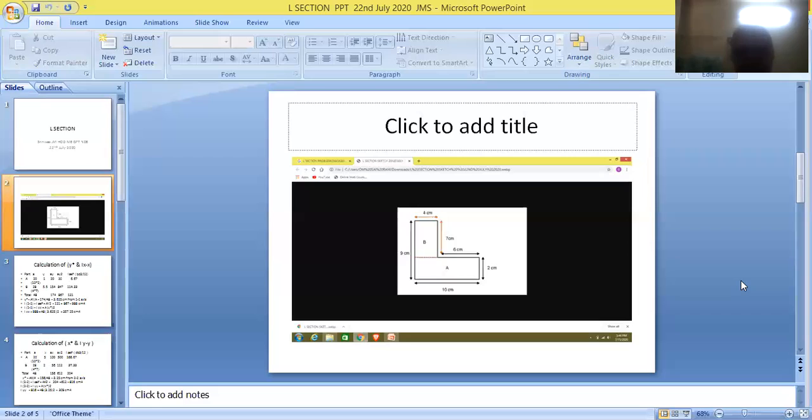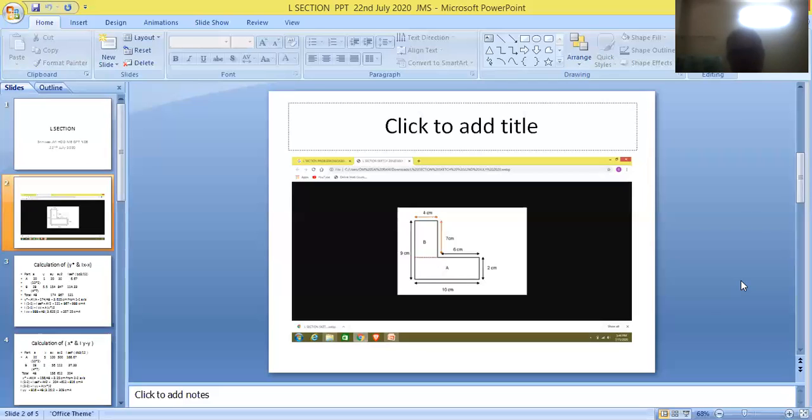Friends, as shown in the figure, any section, not only the L section, has to be divided into different components for doing this analysis. So the L section is divided into two components.